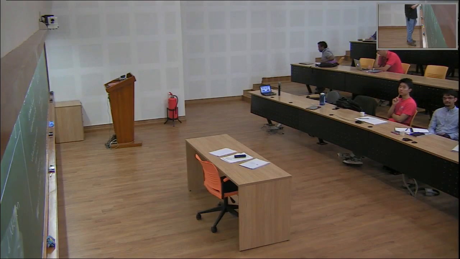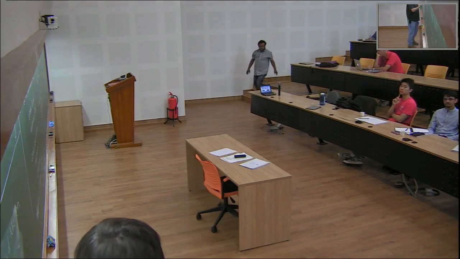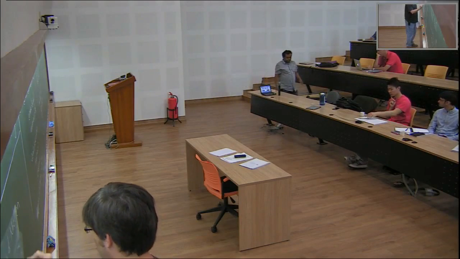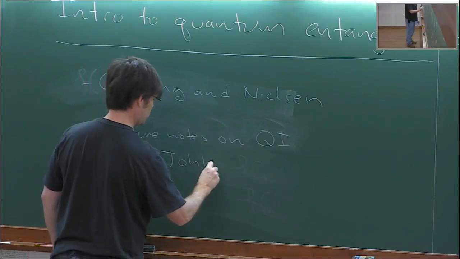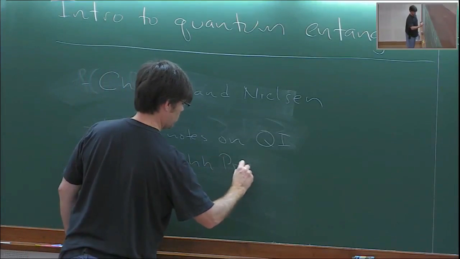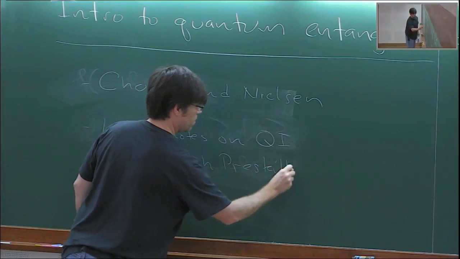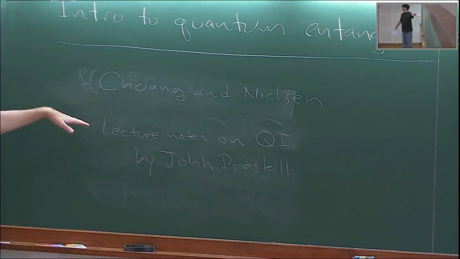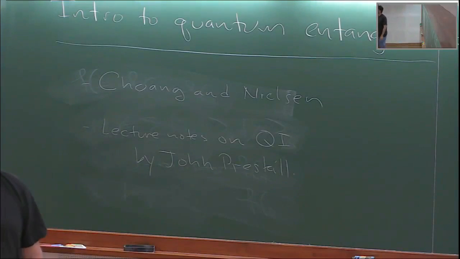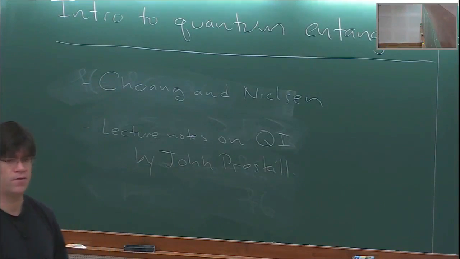And then there are lecture notes on quantum information by John Preskill. I don't have the website, but I checked last night. If you just Google lecture notes, quantum information, John Preskill, you'll get his webpage. And those notes are excellent as well. I've learned a bit from them.